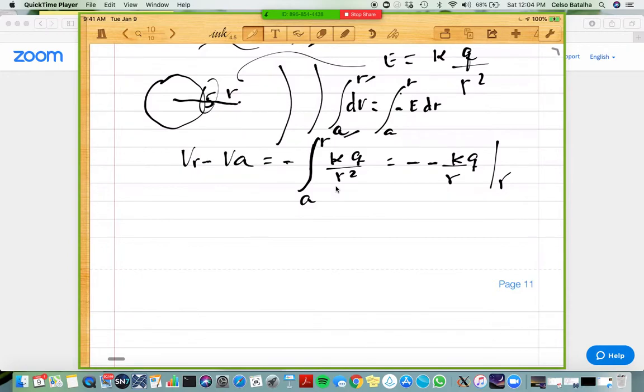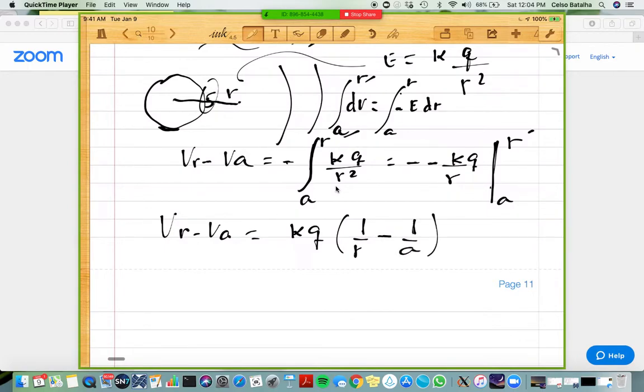So this is pretty much from A to R. We are getting out of the sphere surface and going to the point R. So basically VR minus VA, which we don't know, is equal to plus kQ times (1 over R minus 1 over A).